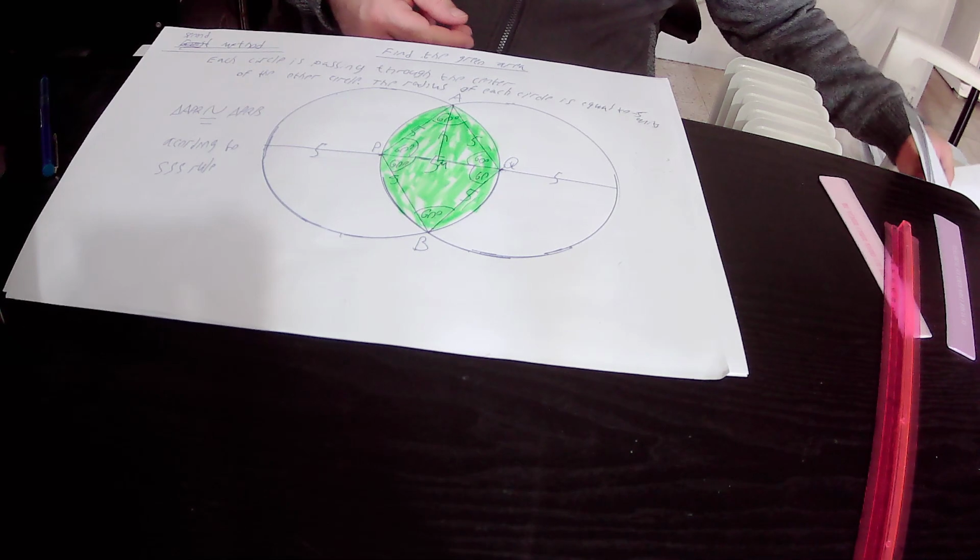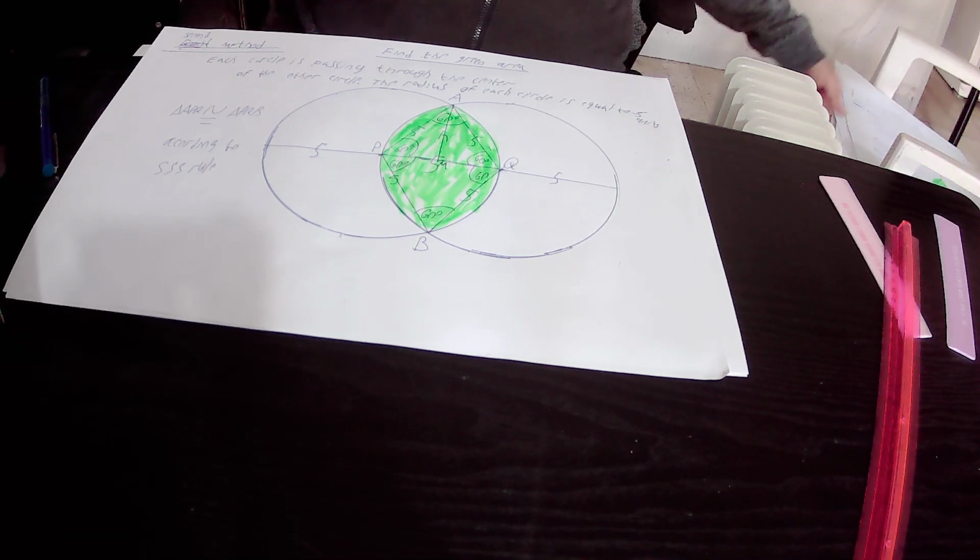And then we also found the area of the green shape according to the second method.